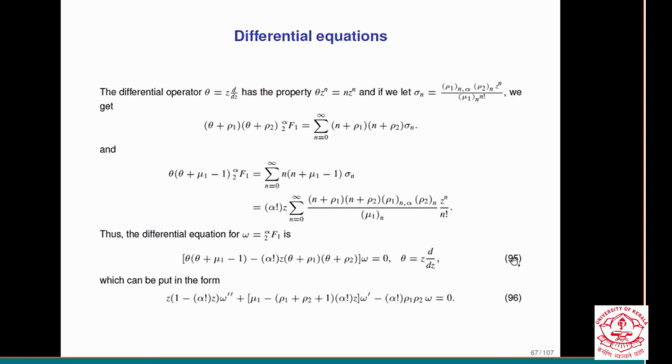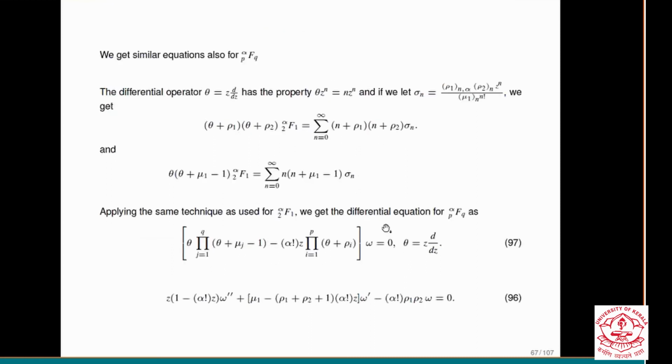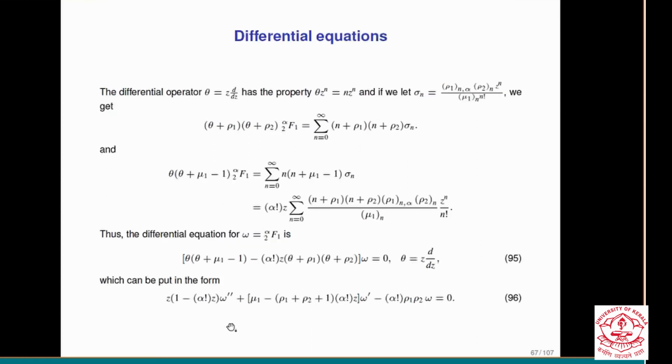This is 95, and this can be put in the form of this. This is simply an extended type of the hypergeometric function. But here, by introducing this alpha, you can see in equation number 96 this factorial alpha.